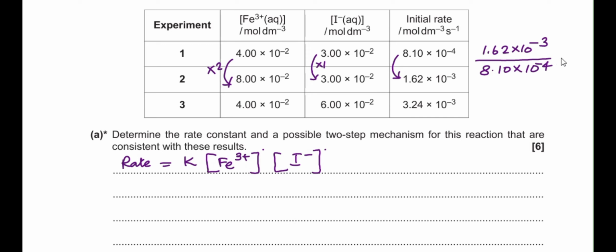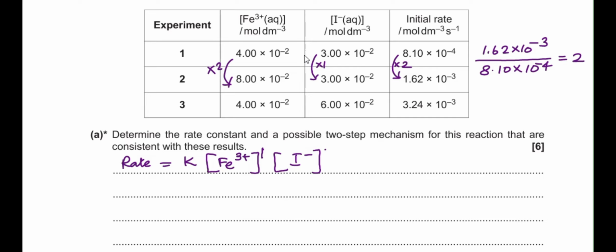Putting into the calculator, we get 2. That means this is multiplied by 2. So we can now say that when the Fe3+ concentration is changed by 2, the rate also gets changed by a factor of 2 itself. Therefore, it is proportional. Hence, the order of the reaction with respect to Fe3+ is 1.